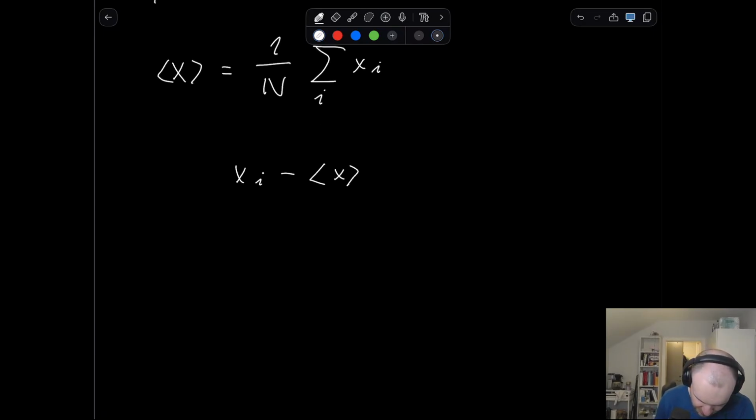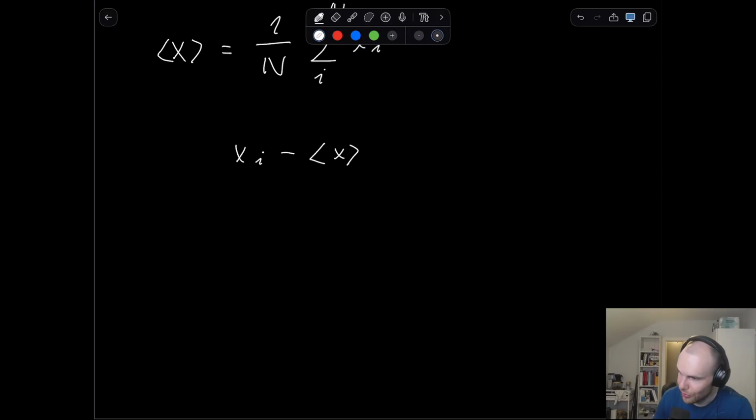But again, I want the average of that as well, because this isn't enough. I don't just want one point, I want from all of them. But this will actually cancel out, because we will get minus on one side and plus on the other side, and we can end up with 0.